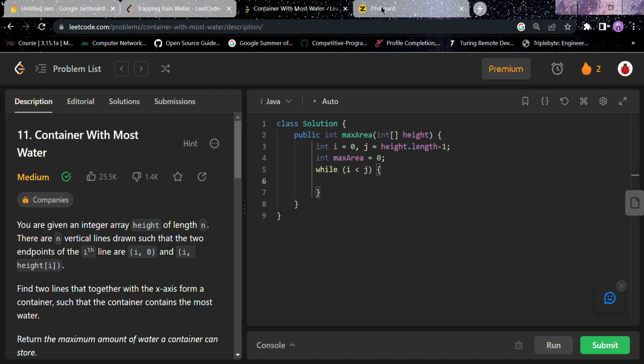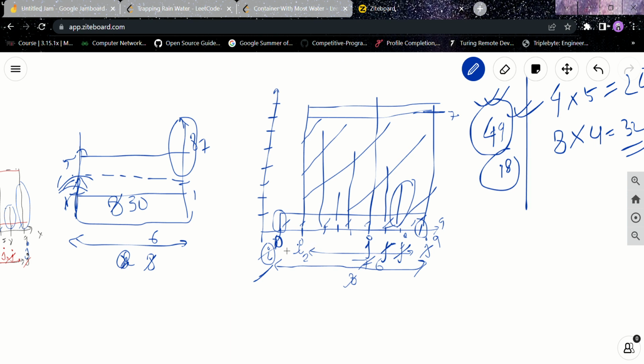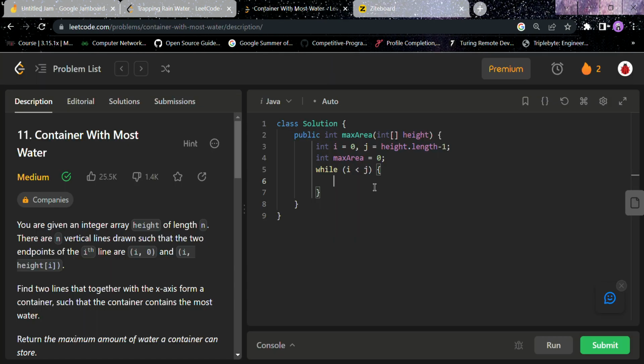now we have to check which height is less. Either the height of ith position is less or the height of jth position is less. So we will check if height of I is less than or equals to height of j.